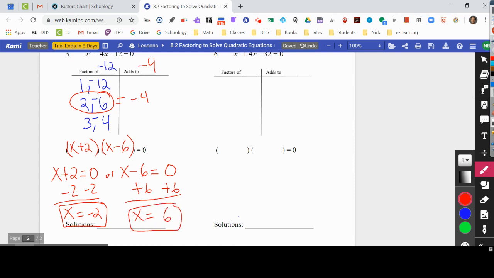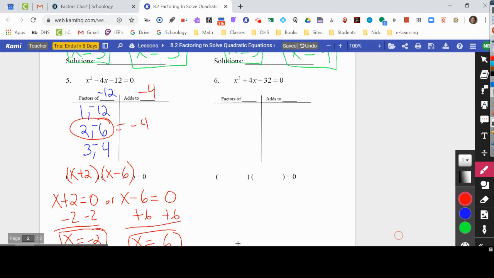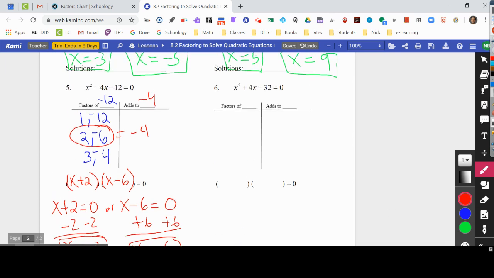All right, we got one more problem to do. We have x squared plus 4x minus 32. So here we want to find factors of negative 32 that add to a positive 4. Factors of 32 are going to be 1 and 32.